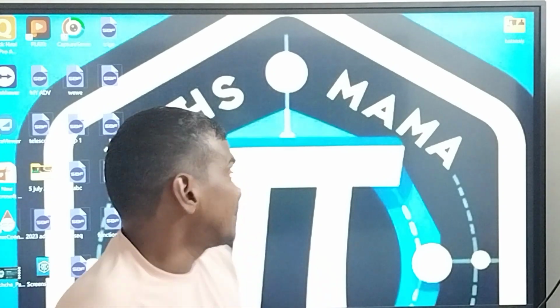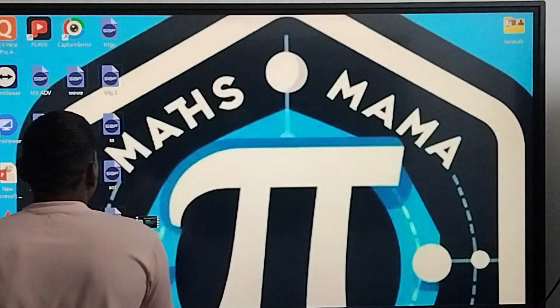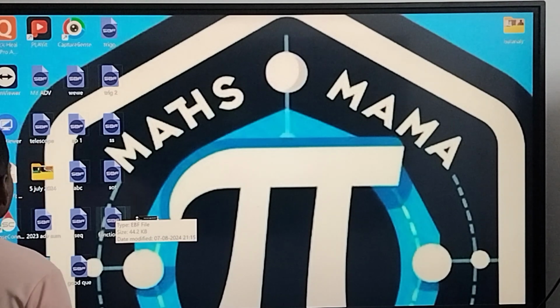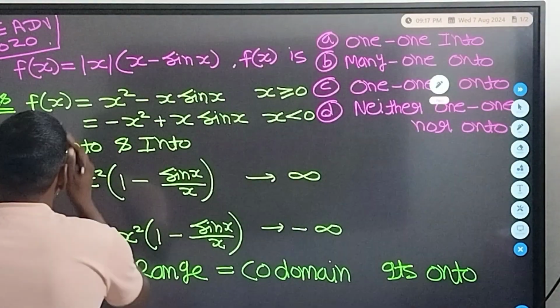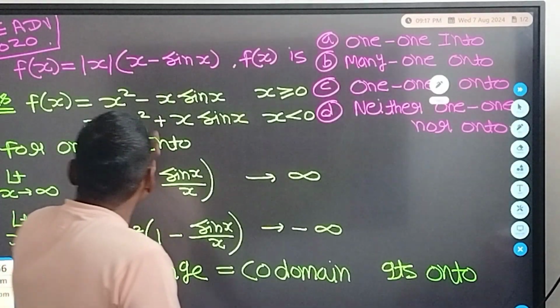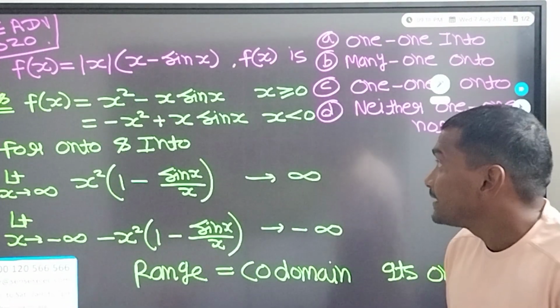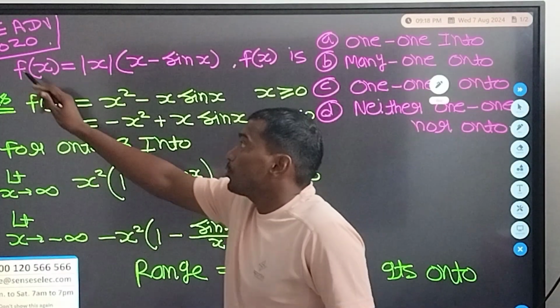And let us start one more quality problem of JEE Advanced from the chapter functions, and this will be on type of functions, right? See, this was the question which was asked in 2020.